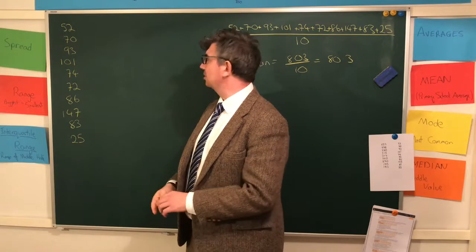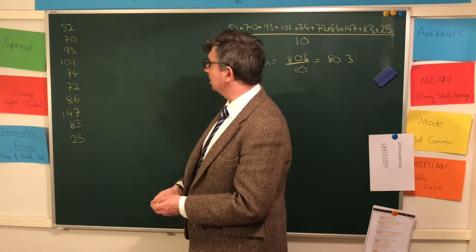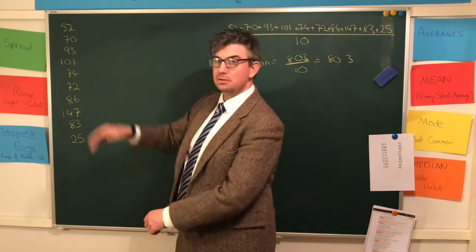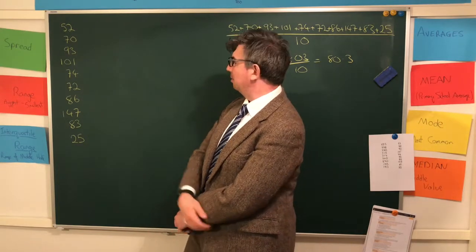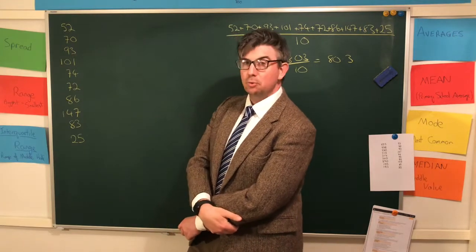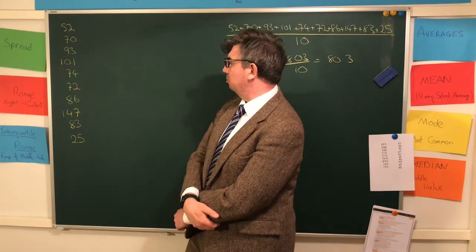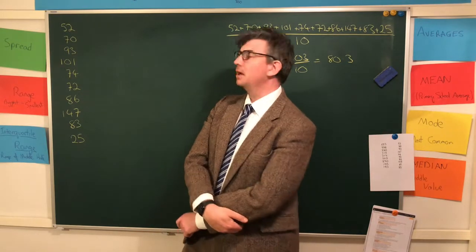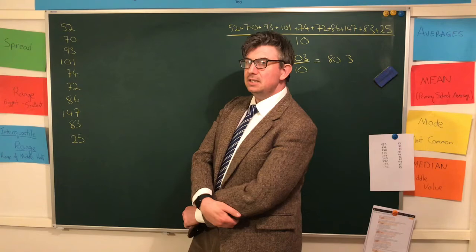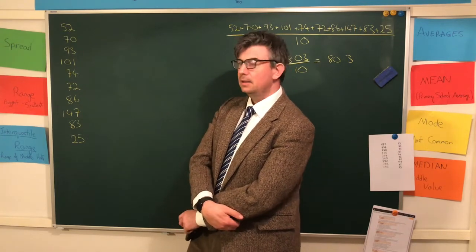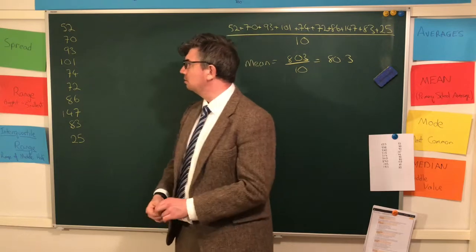It's obviously a little bit more difficult than that, because I could put these numbers the other way around. Would I get a different answer? Probably not. But what about if I put these three up there or something? I would definitely get a different answer then. Or if I put these two down here, I would get a different answer too. So our ticking system only works when the list is in order.